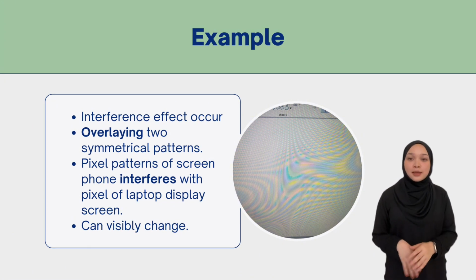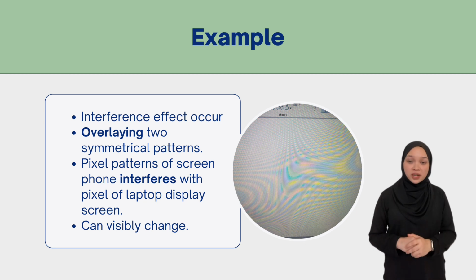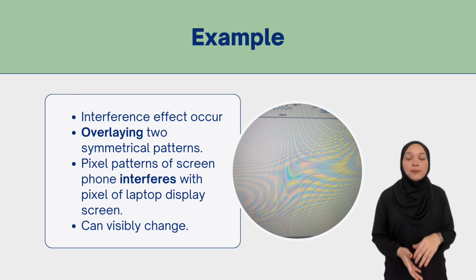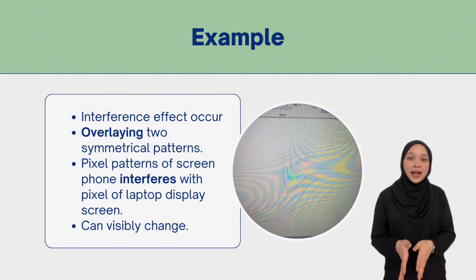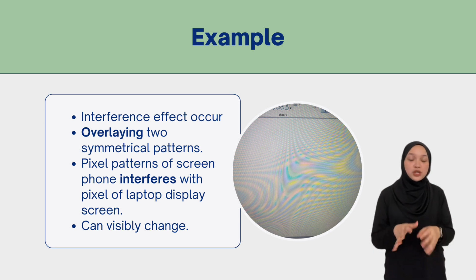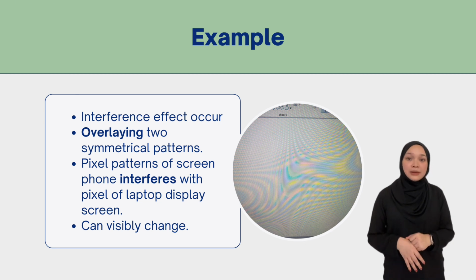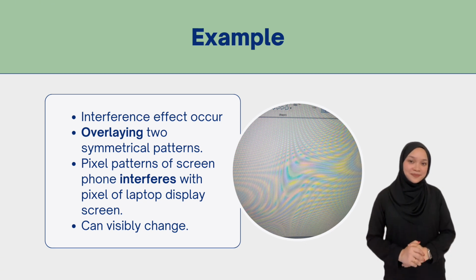In that case, the pixel pattern of your phone screen interferes with the pixel pattern of your laptop display screen. It can visibly change with the angle the patterns are shifted against each other. If you turn your phone by about 30 degrees when shooting your screen, the pattern would be considerably minimized.